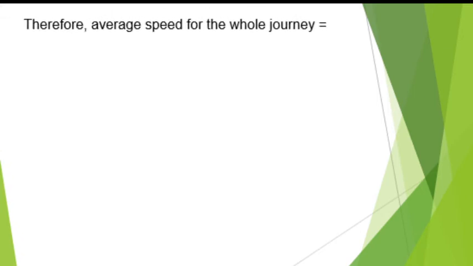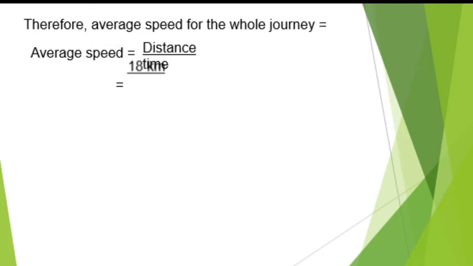Okay, so let's now take the average speed for the whole journey. Average speed is equal to the distance over the time. The distance is equal to 18 kilometers, and the time is 11 over 10 hours.